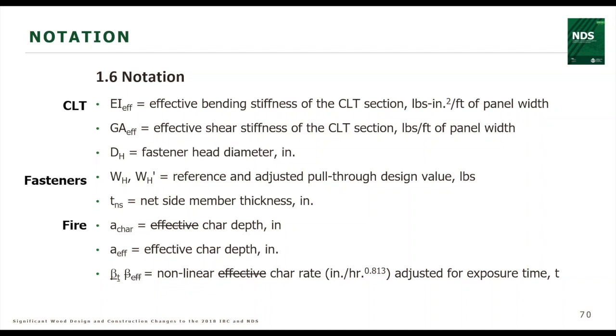The W sub H and W sub H prime are the reference and the adjusted fastener head pull-through design value. And the T sub NS variable is related to the equation used to calculate those values. For the fire chapter, you see changes with the A sub char and then the beta sub T. So again, these are just some clarifications.